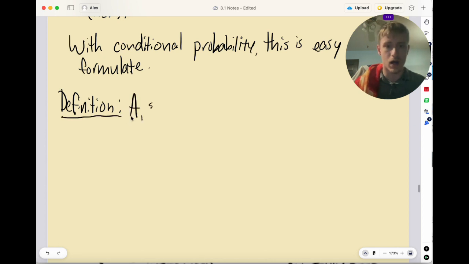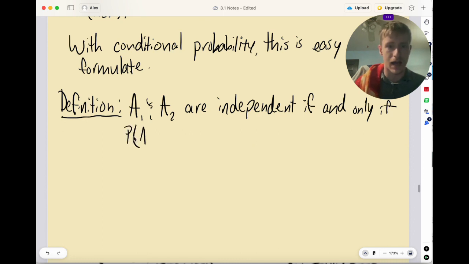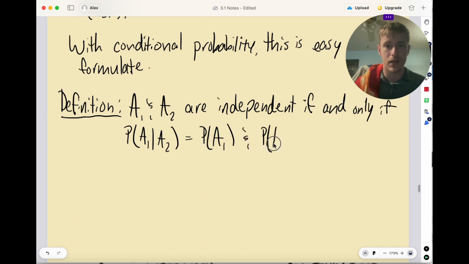So A1 and A2 are independent if and only if the probability of A1 given that A2 has occurred is equal to just the probability of A1, and likewise the probability of A2 given that A1 has occurred is simply equal to the probability of A2.